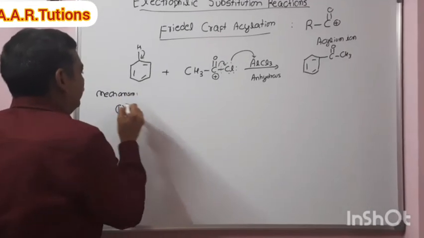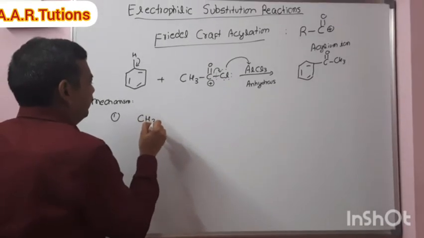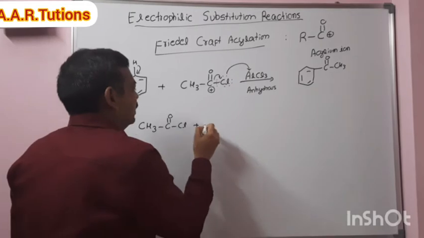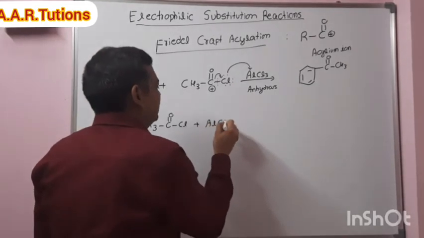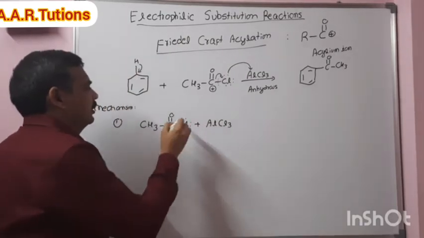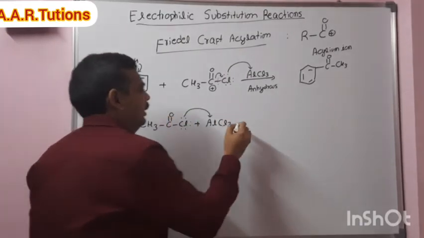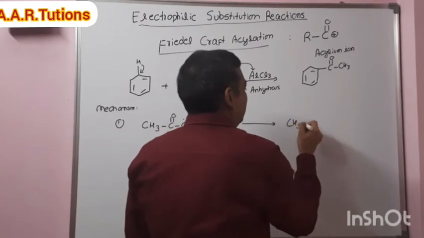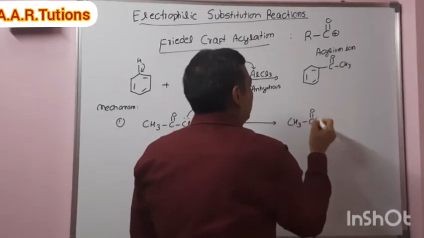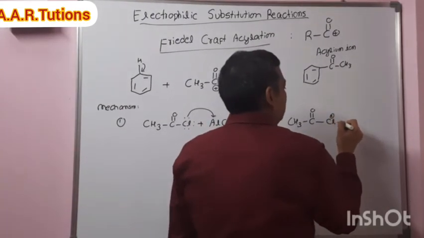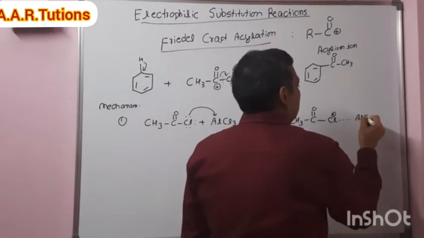First step, acetyl chloride reacts with AlCl3. The first step is the generation of the electrophile. The lone pair of electrons on chlorine forms a coordinate complex with AlCl3 to give CH3CO-Cl+-AlCl3-, with a weak bond.